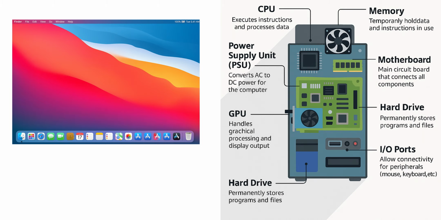Different desktop environments. Here is a quick visual comparison of what different operating systems actually look like day to day. Top left, we have Windows with its familiar start menu. Top right, macOS with its clean dock at the bottom. Bottom left, a Linux distribution. You can see it's running Firefox.